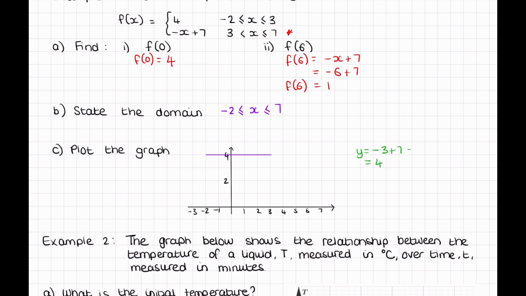Because we know this is a linear line, if we look at the last number in the domain, which is 7, and we work out what this is when x equals 7, it equals 0. So between the start and the end point of this domain, the line has to go from the start all the way down to 0, because when x equals 7, y equals 0. So that is what this graph would look like.